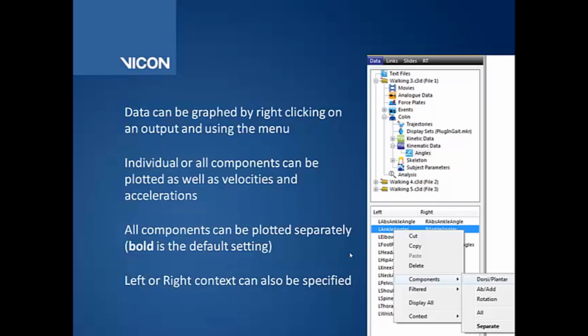All components can be plotted independently on one graph or separately on individual graphs, and you will notice that separate is bolded. That's because it's the default setting. If you don't use this right-click menu and you just double-click, that's how it will plot them, separately. Also, using that context option at the bottom of the pop-up menu, you can say left or right.